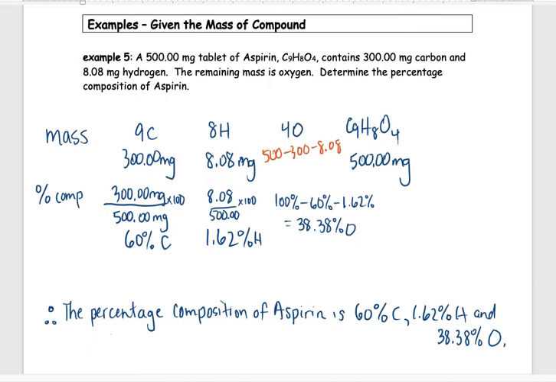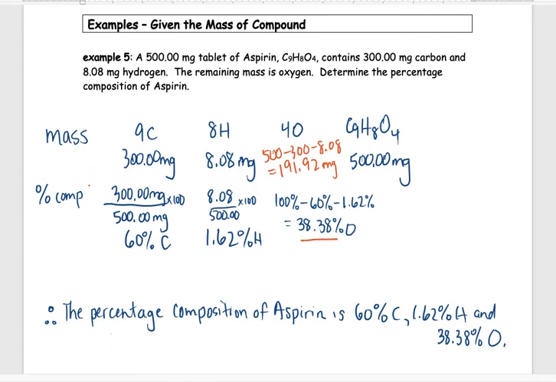We end up with 191.92. Okay, so this is milligrams as well. That's how much the oxygen brings forth. If we take that number and divide it by 500 and times it by 100, we will get 38.38% as well. So it works both ways there.